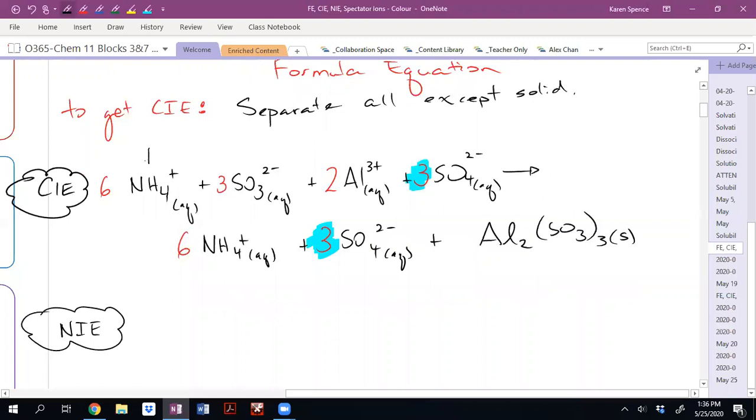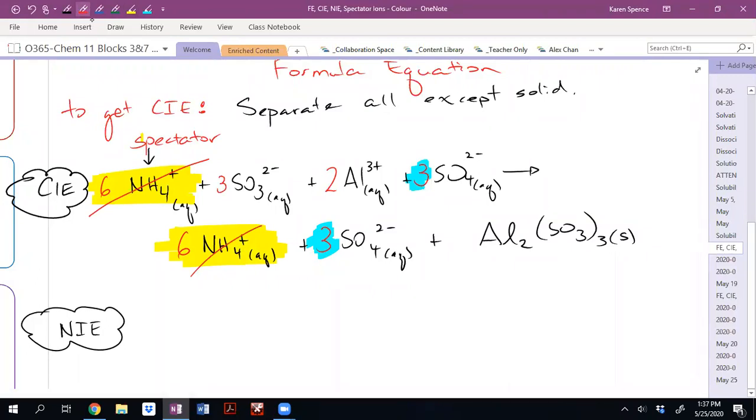Is NH4 a reactant or a spectator? Spectator. It is a spectator. So that means that on both sides we have NH4, which means that when we go to our net ionic equation, we can cancel those out.